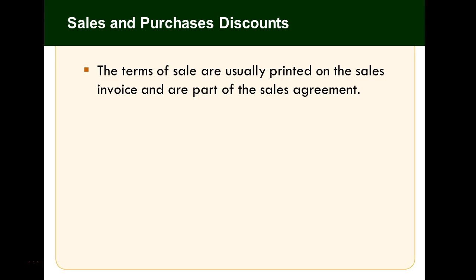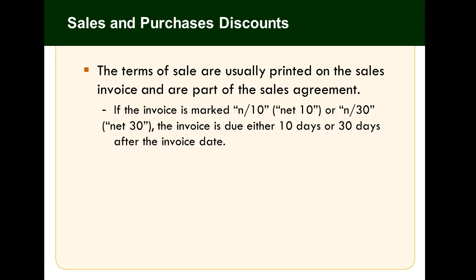Terms of sale usually are printed on the sales invoice and are part of what we would call the sales agreement or the sales contract. If on the invoice it shows net 10, it means the amount you owe is due within 10 days.